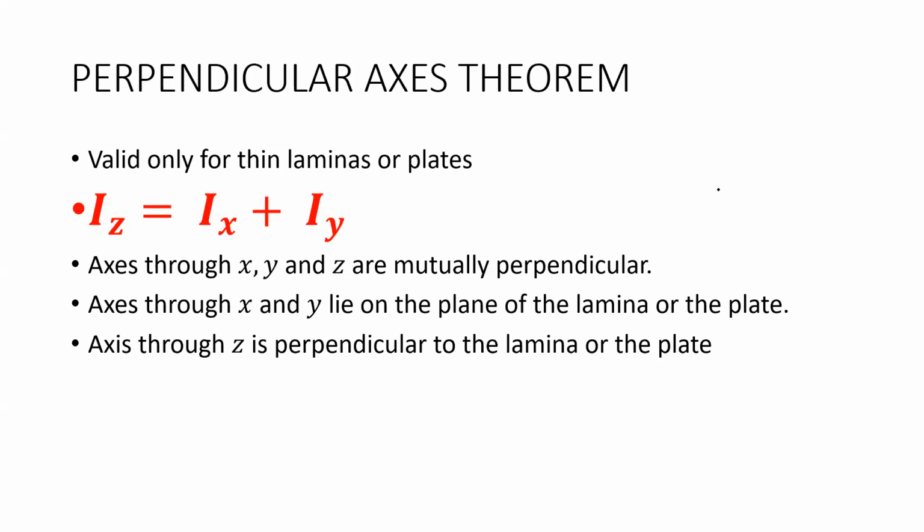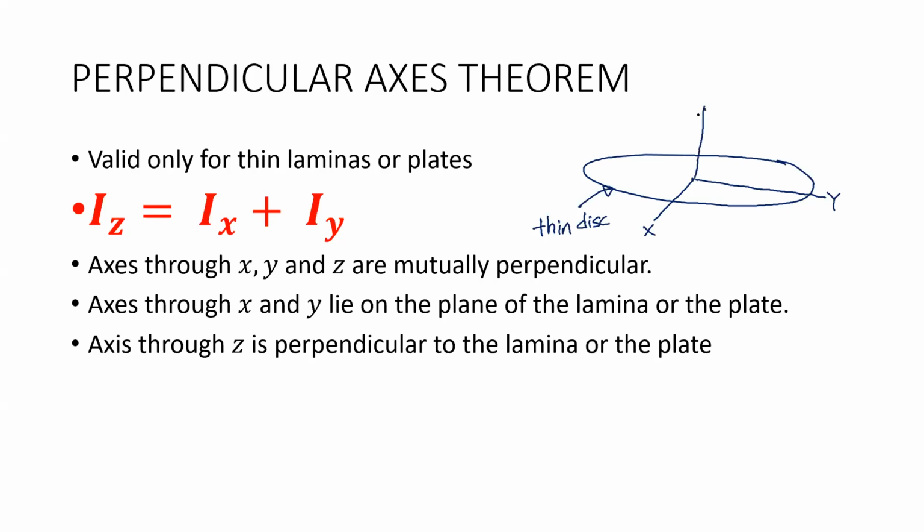So suppose I imagine this is my disk. If this is a thin disk, this is my x-axis lying on the lamina, this is my y-axis lying on the lamina, and the z-axis is perpendicular. So these are mutually perpendicular. Now when I spin this disk, I can select the x-axis, have an axis aligned along the x-axis and then rotate. So I will get the moment of inertia Ix.